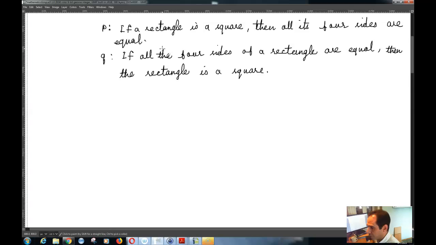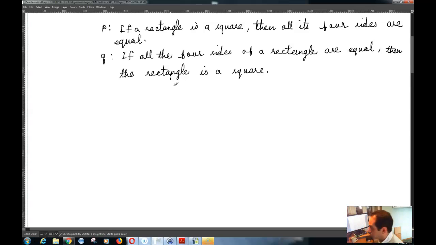So the way that you can put them together: here we say that if a rectangle is a square, then all its 4 sides are equal. And then here we say that if all the 4 sides of a rectangle are equal, then the rectangle is a square.